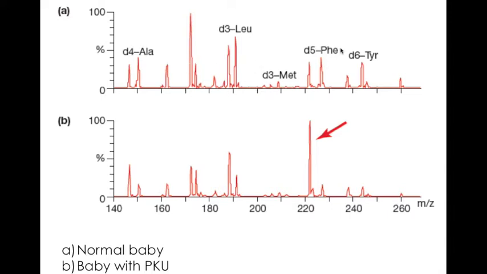PHE, phenylalanine is there, and you can see that in an individual with PKU, in this particular diagram, that is a big spike, which indicates that this individual is suffering from the inability to break down phenylalanine, and it's building up in their body, which is what that indicates. And then you move into effective management strategies. Okay.